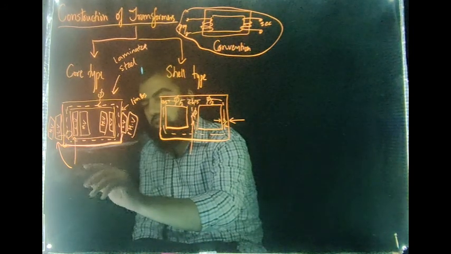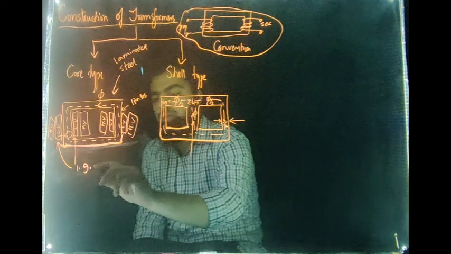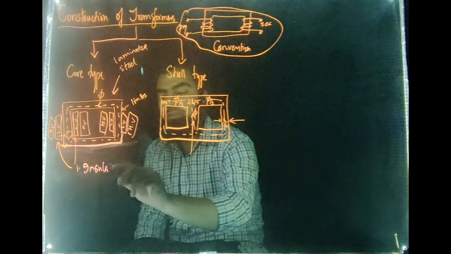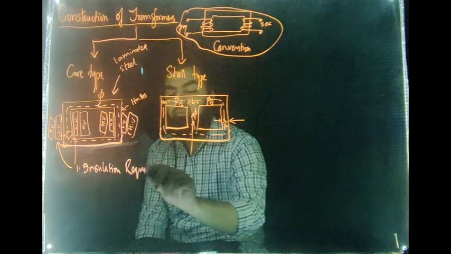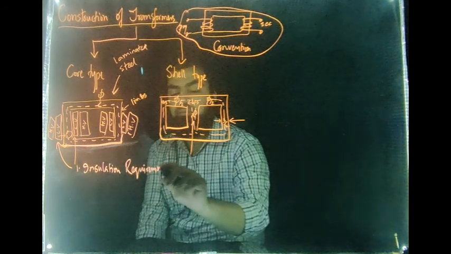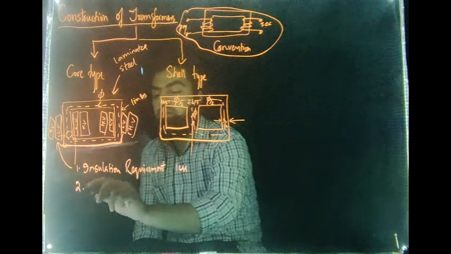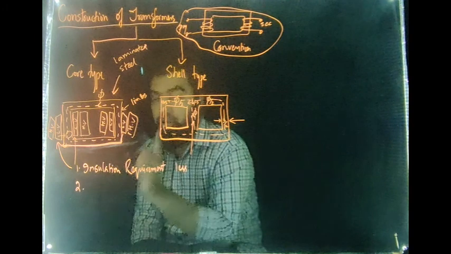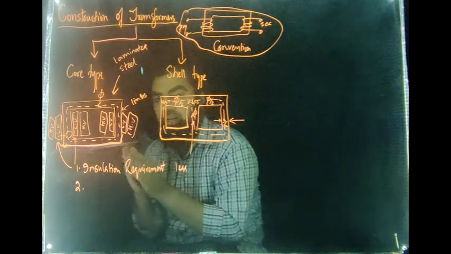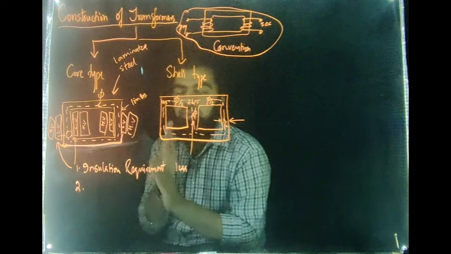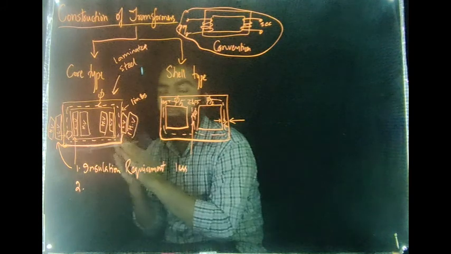So you can see that there are a number of reasons for doing this. Insulation requirements will be less, because insulation between LV winding and the core will be less as compared to if you had placed the HV winding next to the limb of the core.